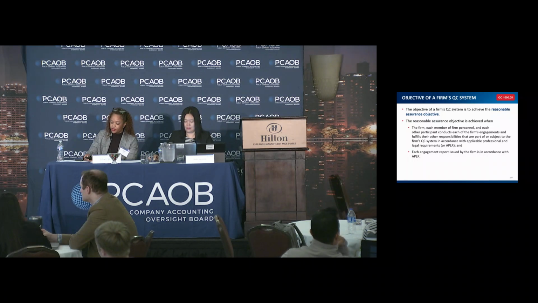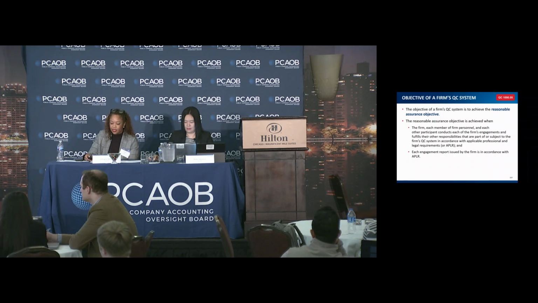And again, I urge you to read the standard and review the resources available to you to understand these two terms. It's very important that you appropriately identify your firm's people resources as either firm personnel or other participants, because the requirements of the standards apply differently between the two types of resources. Specifically, the QC system does not need to operate over other participants.